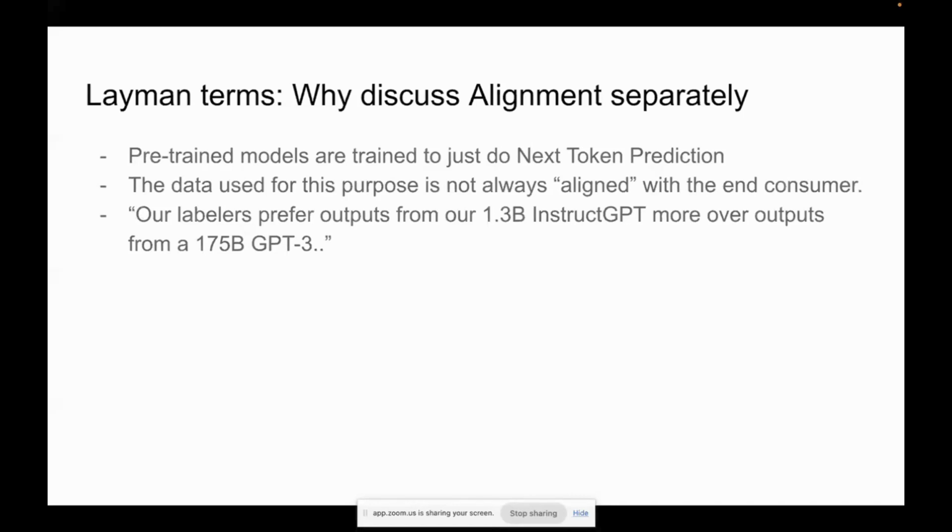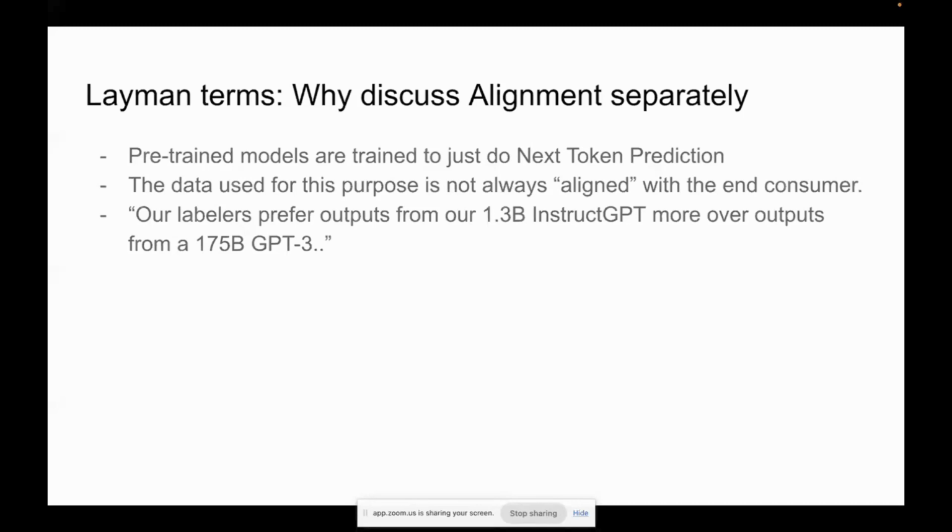So mark this here. This is just a 1.3 billion model, which had something on top of pre-training as well. And the labelers tend to prefer outputs from this model more than GPT-3, which is a massive 175 billion size.